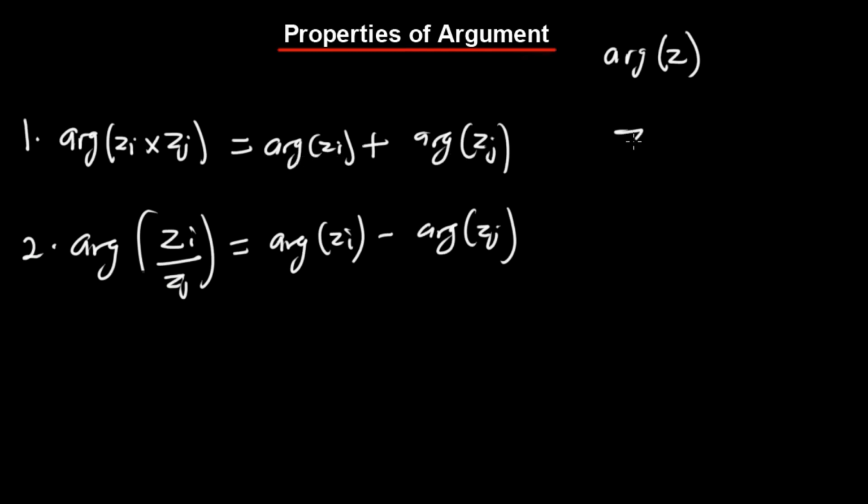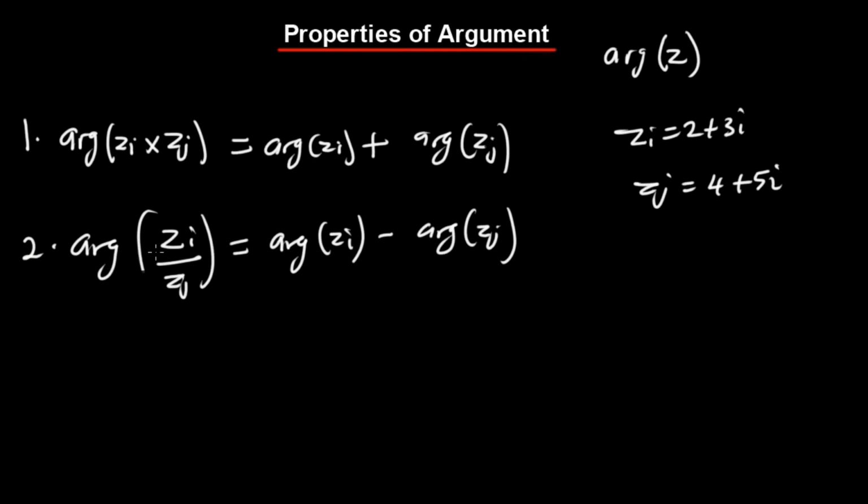Take for example, if you have z_i defined as 2 plus 3i, and z_j defined as 4 plus 5i. If you're looking for the argument of z_i multiplied by z_j, this is also the same as finding the argument of z_i and adding it with the argument of z_j.